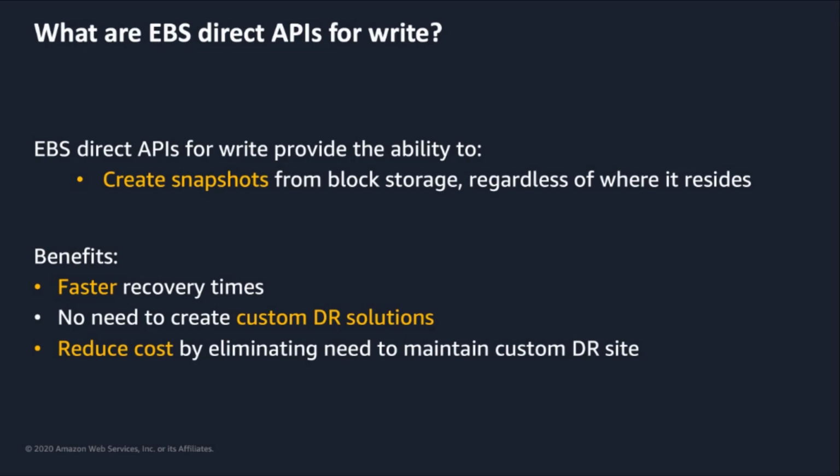And because of this, your backups can directly be stored as snapshots, which give you faster recovery times, a simplified DR recovery workflow, so you don't need a custom DR solution, and it reduces your costs. Let's take an example and see how this works.